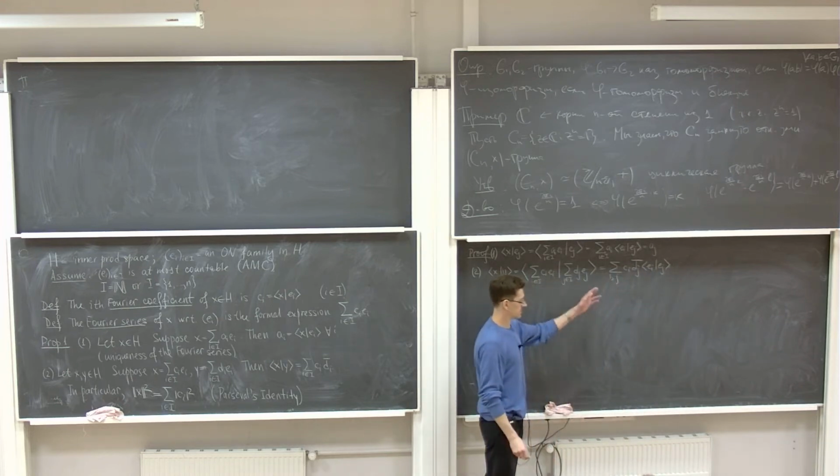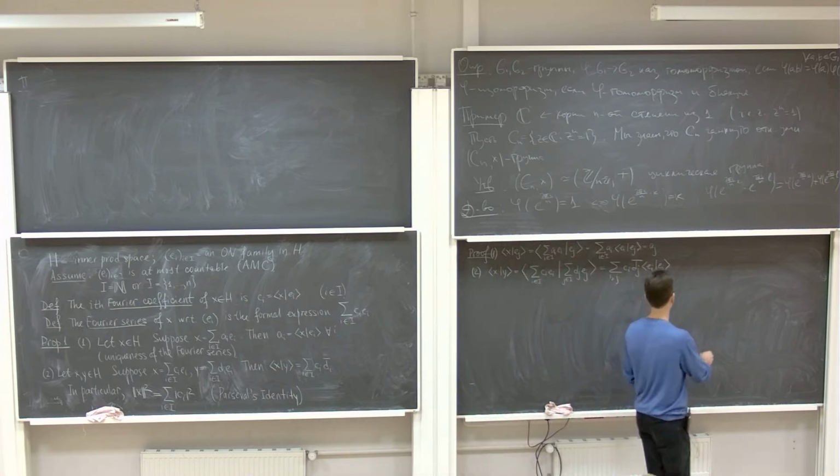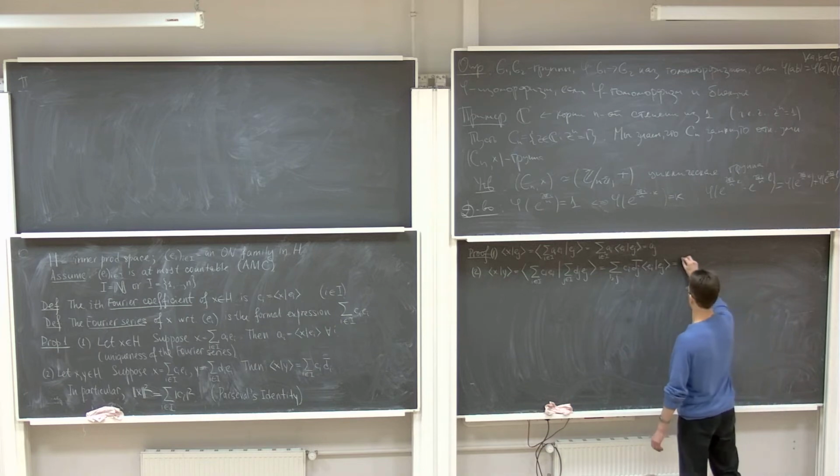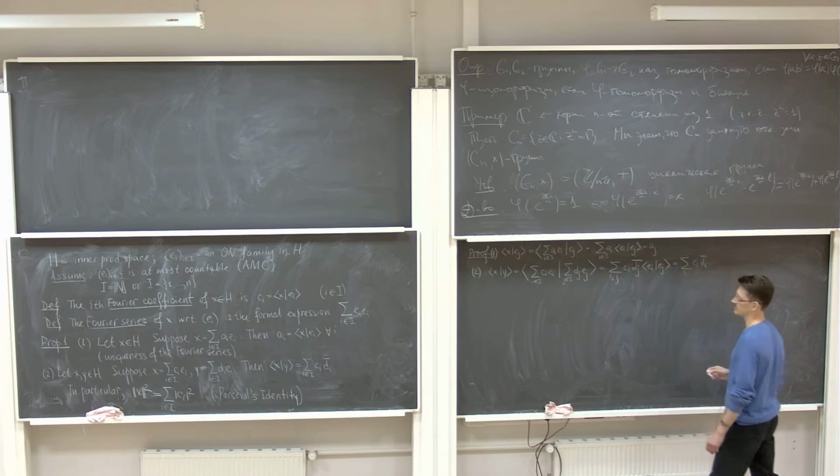And again, since our family is orthonormal, only those summands survive where i equals j. And eventually we come to the following expression. And that's it.